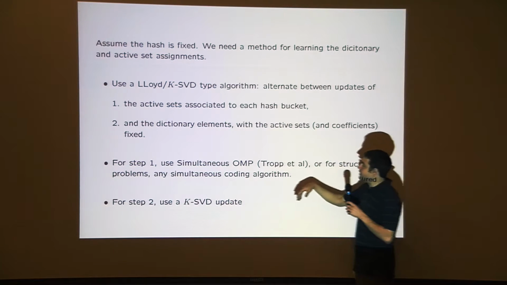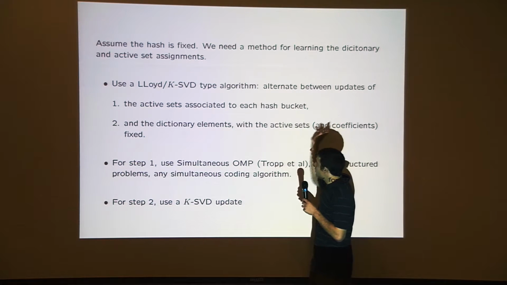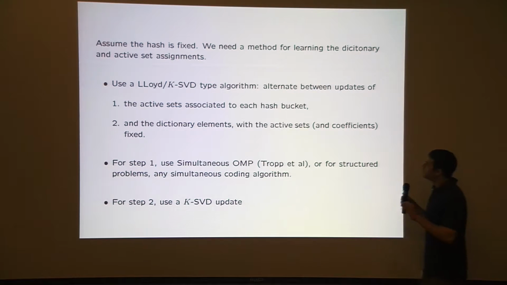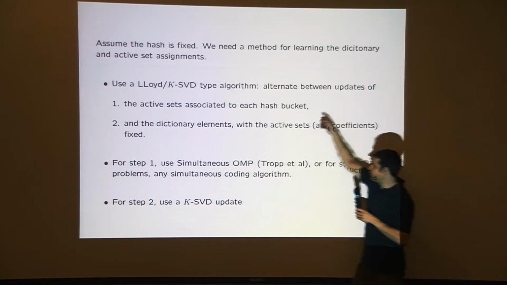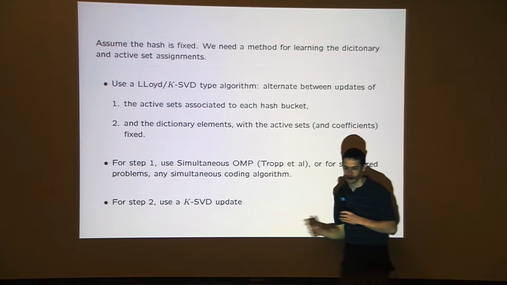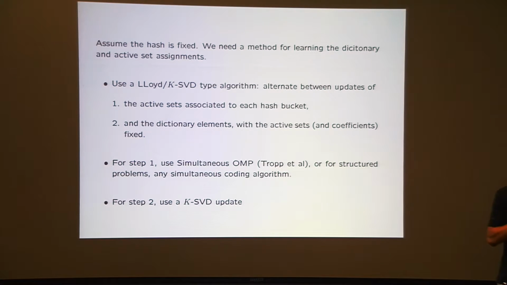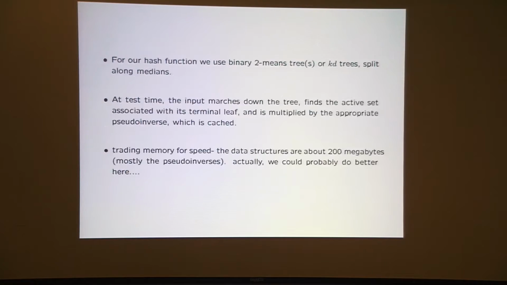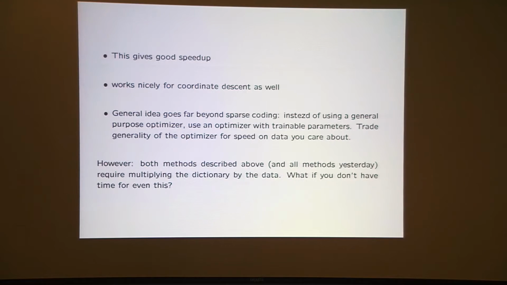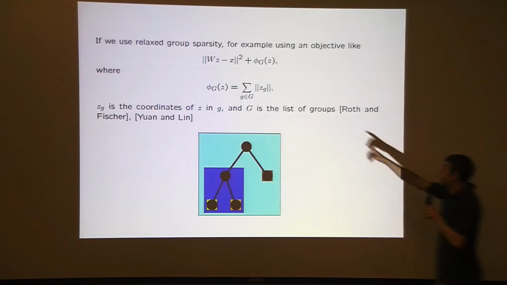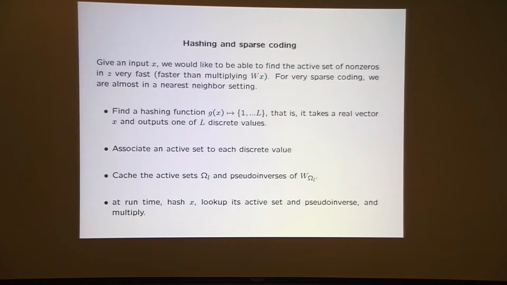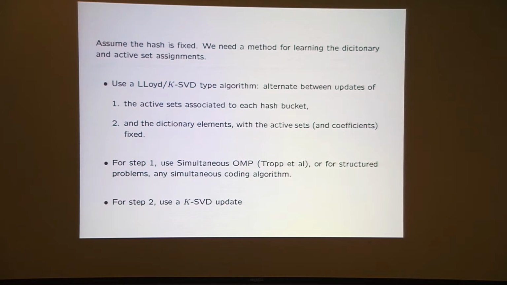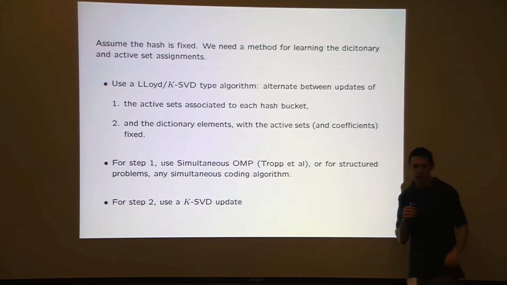So here we used a batch algorithm. You associate to each hash bucket the best active set for that. For this step, you use some sort of simultaneous coding. In other words, when you measure the residual error, you don't do it on each x, you measure that error on all the data points in that hash bucket.